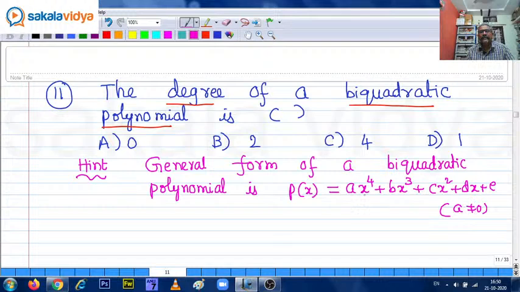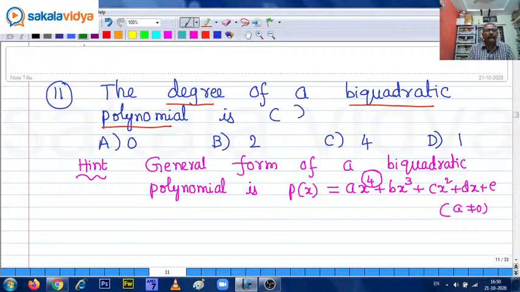See, in the first term the exponent is 4, in the second term the exponent is 3, third term exponent is 2, fourth term exponent is 1, fifth term exponent is 0. Highest is what? 4 is the highest power. So this 4 is called the degree of the biquadratic polynomial.